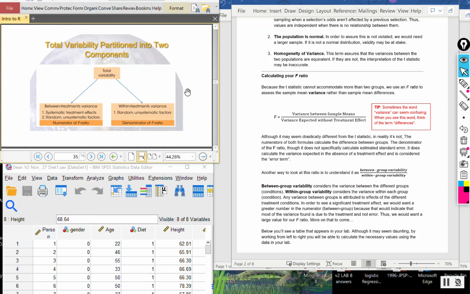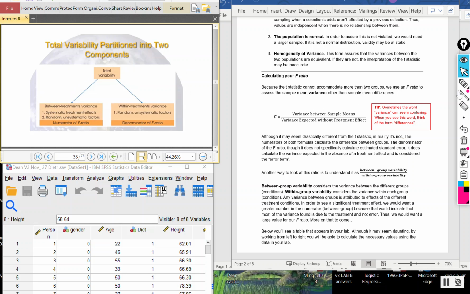So what do I mean by variability? There are things that will change throughout an experiment, and we wish to have change when it comes to the independent variable.